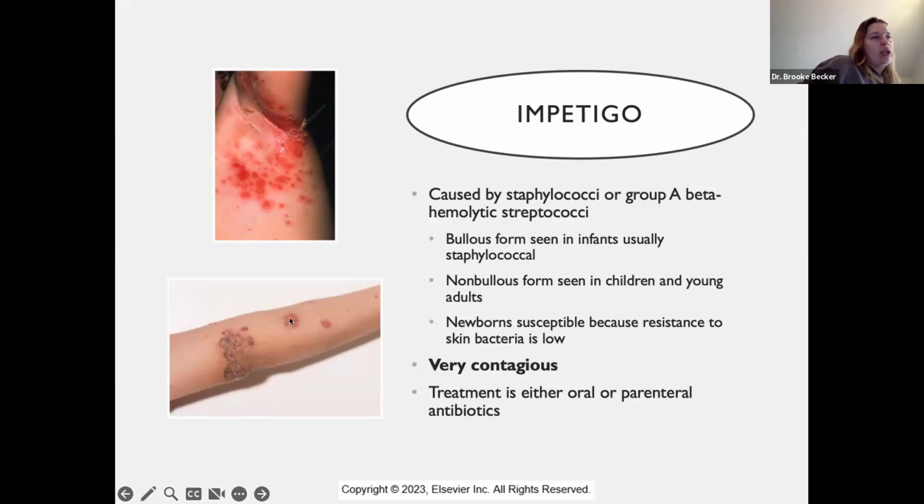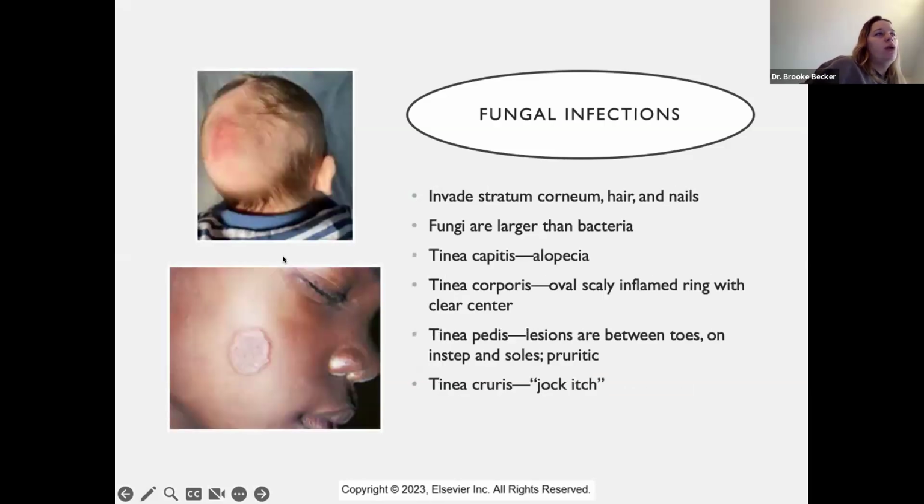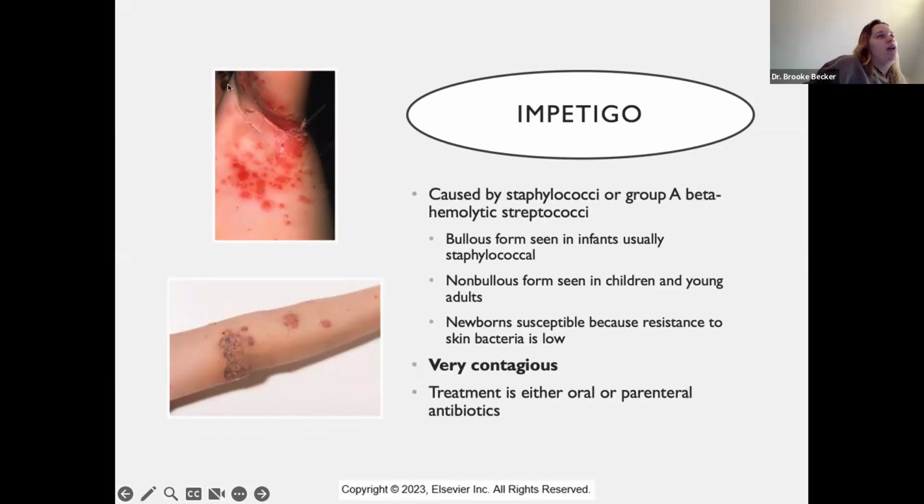So this kind of just started as a scabby little crusty lesion instead of the bolus. So bolus form is most commonly in infants, and it's usually indicative of a staph cause, whereas non-bolus form is more common in children and young adults, and that's usually more strep related.